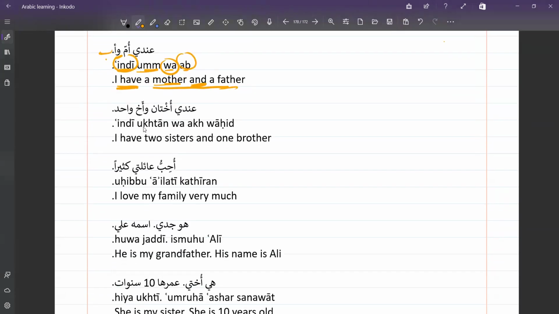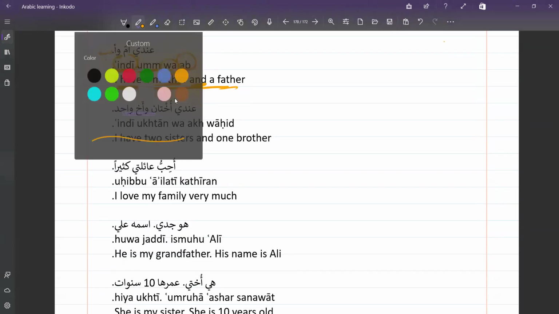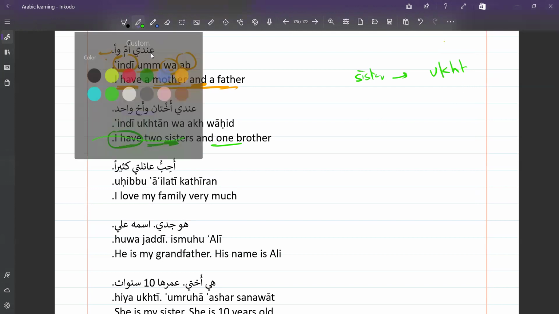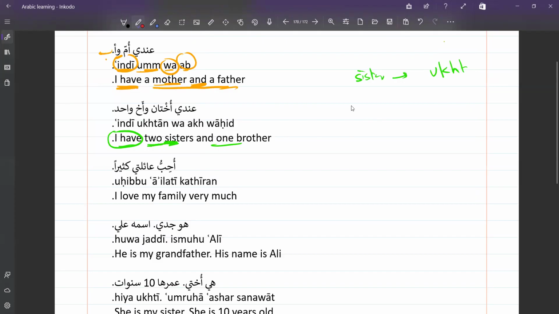Then, if you want to say, I have two sisters and one brother, again you would say indi, because indi means I have. Sister in Arabic, as we have done, is ukht.